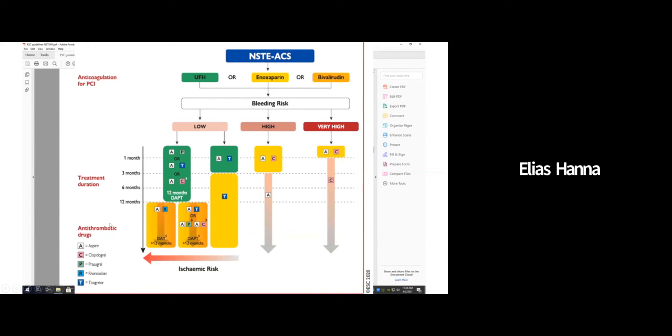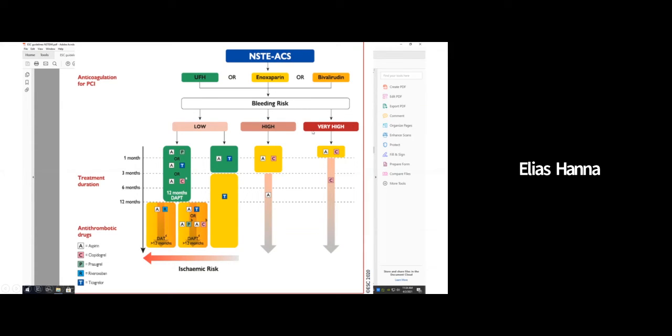Now, this is from the European Guidelines 2020. What you can see is this is the only guideline that has ever recommended, in a class 2A, dual antiplatelet therapy in the setting of ACS with drug-eluting stent. If you have high bleeding risk, they were okay with using dual antiplatelet therapy for 3 months only.